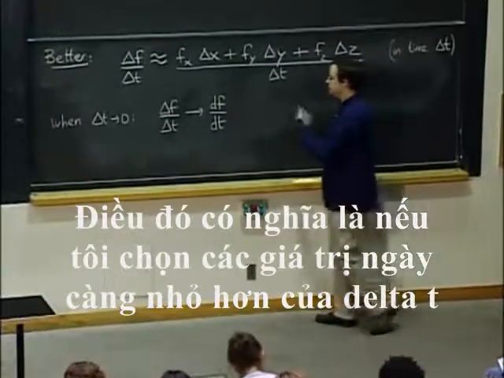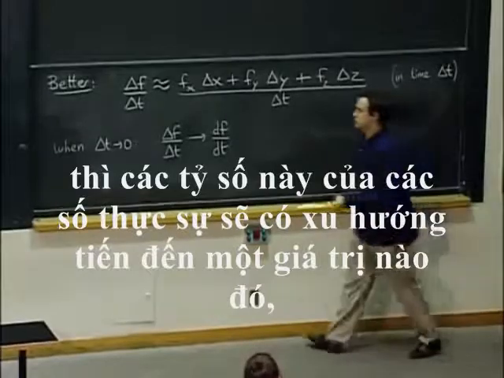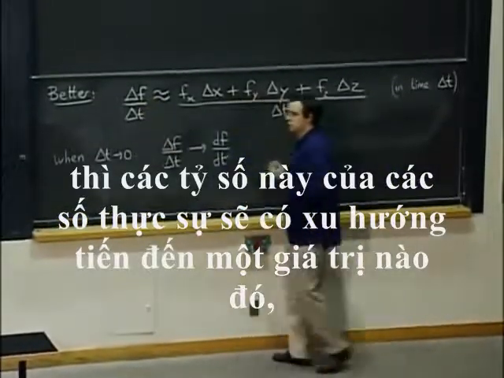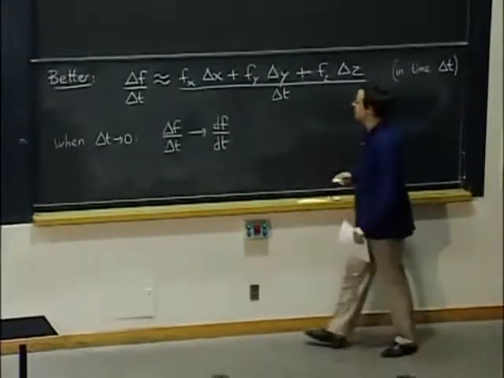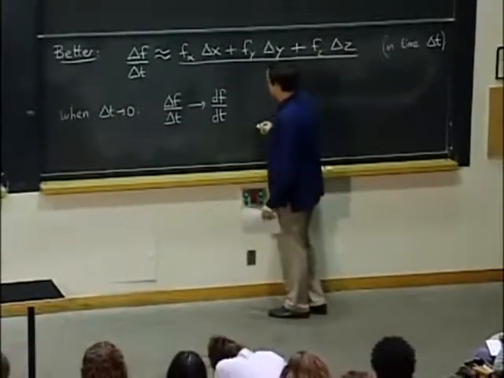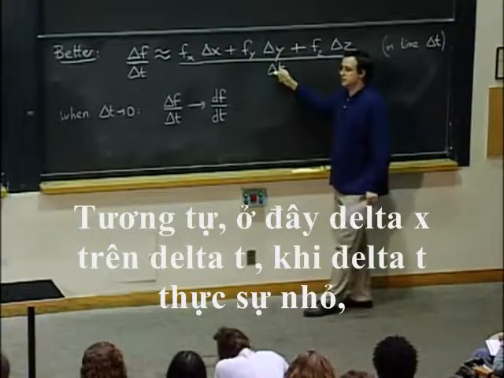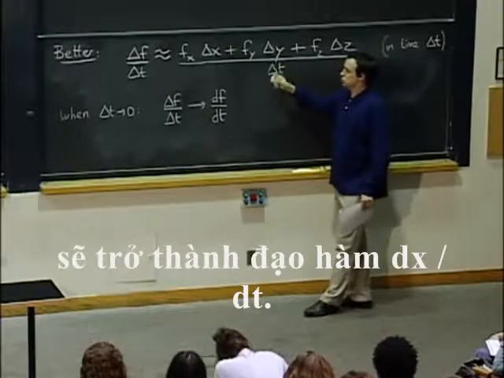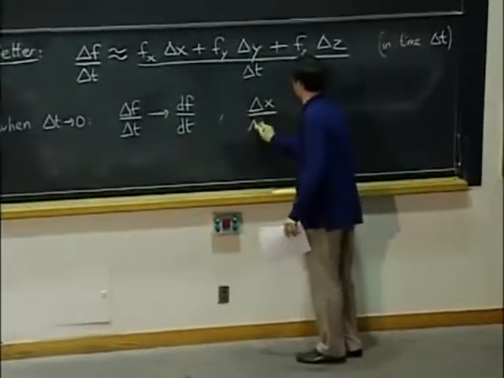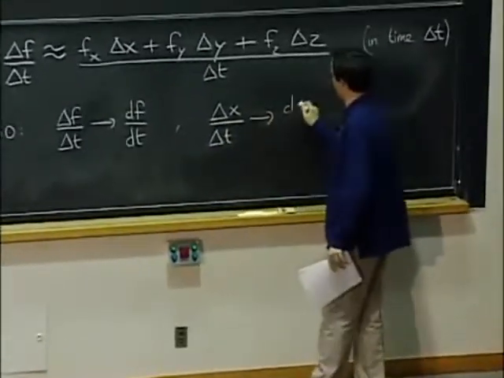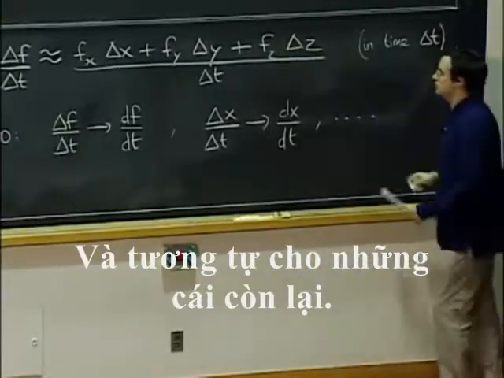So if I choose smaller and smaller values of delta t, then these ratios of numbers will tend to some value, and that value is the derivative. So similarly, here, delta x over delta t, when delta t is really small, will tend to the derivative dx dt. And similarly for the others.